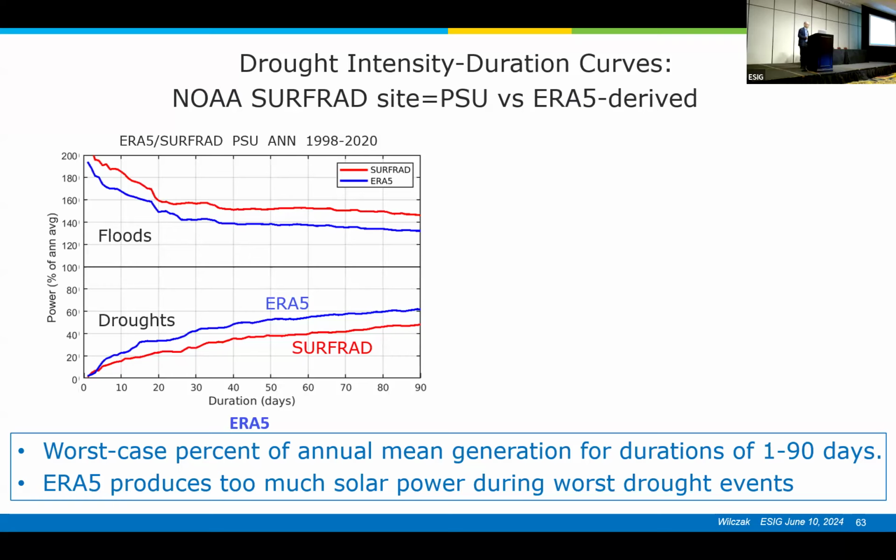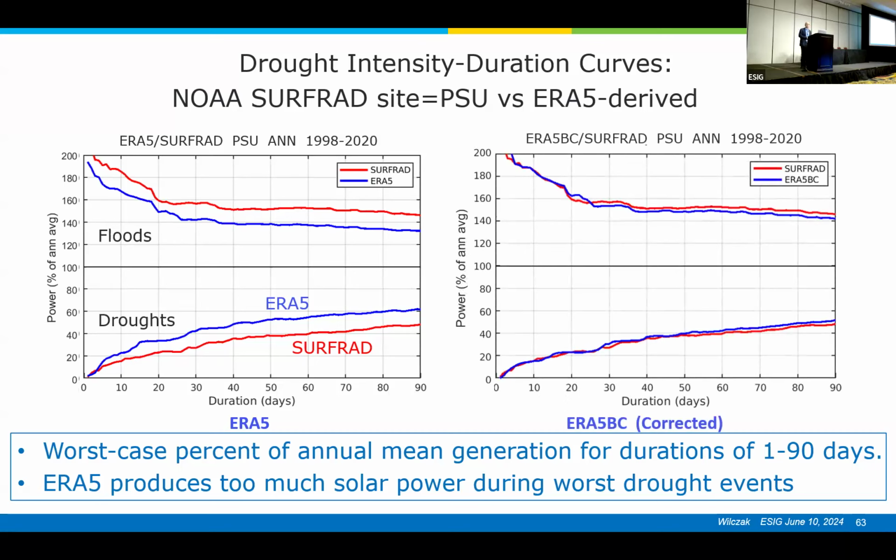So that's pretty significant. And for flood events, it produces too little power. After you apply the quantile bias correction, you can see that the ERA 5 actually does now a pretty good job of being able to predict these worst case flood and drought events.